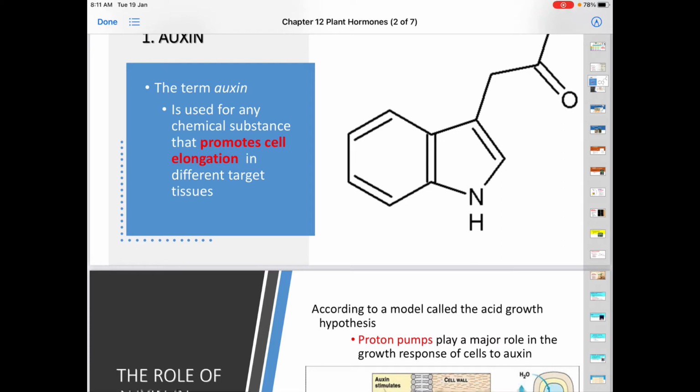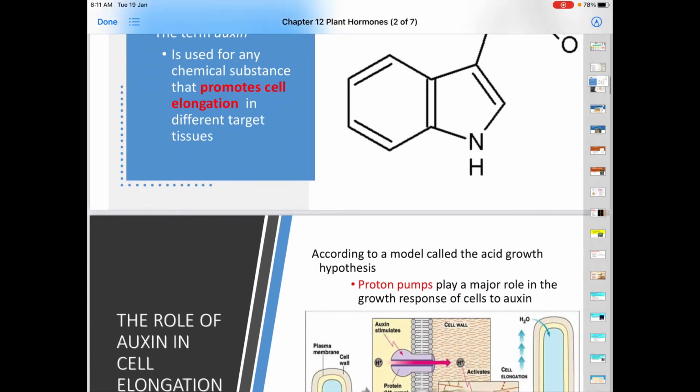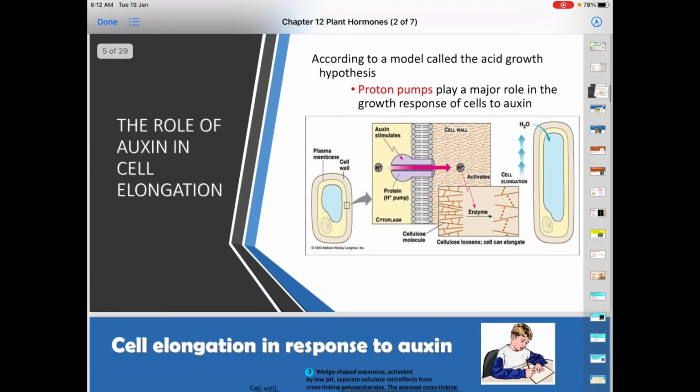This auxin functions to promote cell elongation in different target tissues. According to a model called the acid growth hypothesis, it involves the proton pump activity. So this is the plasma membrane and this is the cell wall.